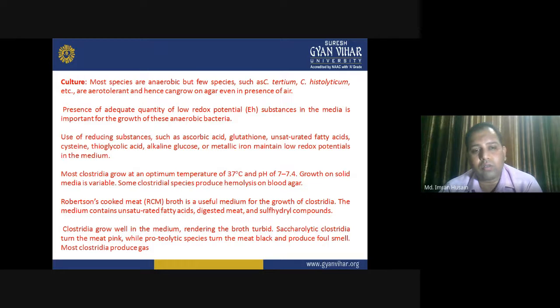Clostridia grow well in the medium, rendering the broth turbid. Saccharolytic Clostridia turn the meat pink, while proteolytic species turn the meat black and produce a foul smell. Most Clostridia produce gas.